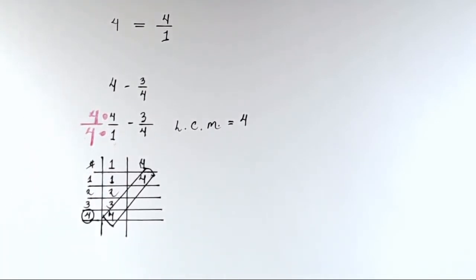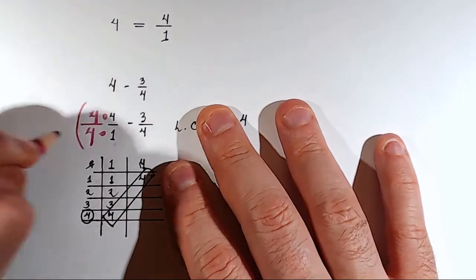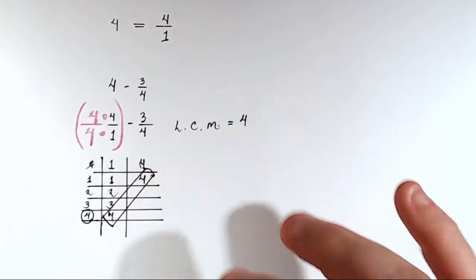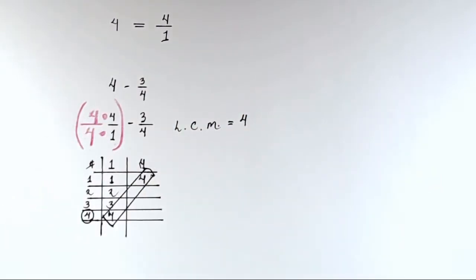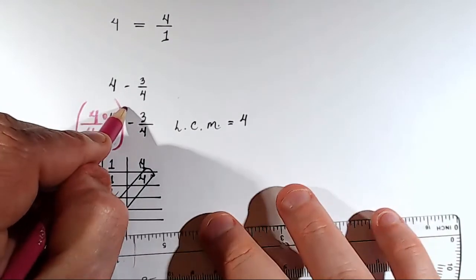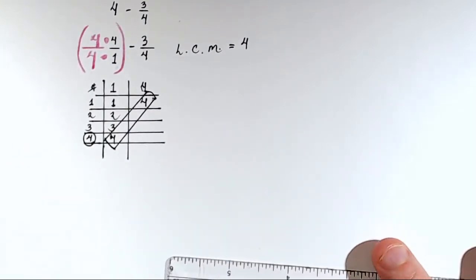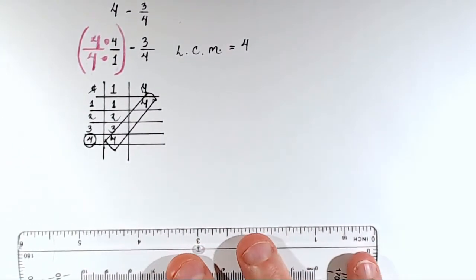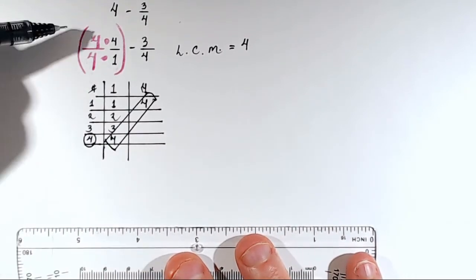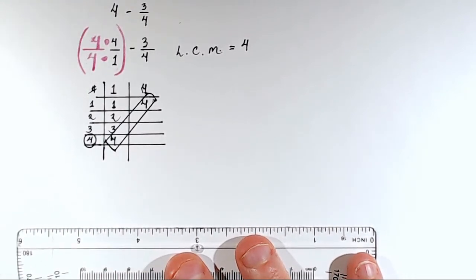So that's step 1. And then what I do is put parentheses around this so you know I have some work to do right here. All right, let's take this work and do it in a space where we've got some freedom to write. Let's go down here. So what is 4 times 4?